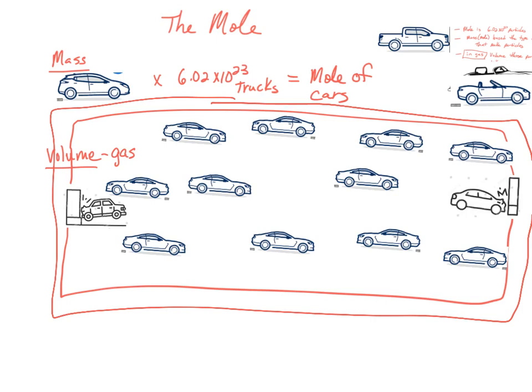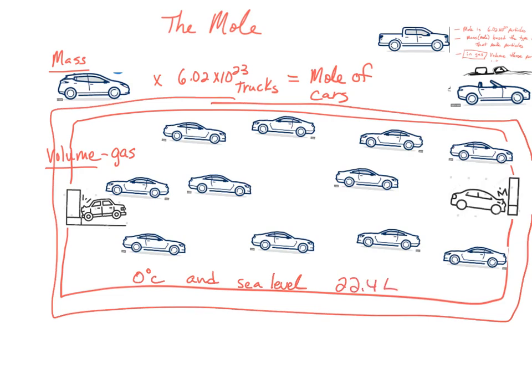So when we're talking about the volume of a gas, what Avogadro discovered is that the volume of a gas at 0 degrees Celsius and sea level will be 22.4 liters.